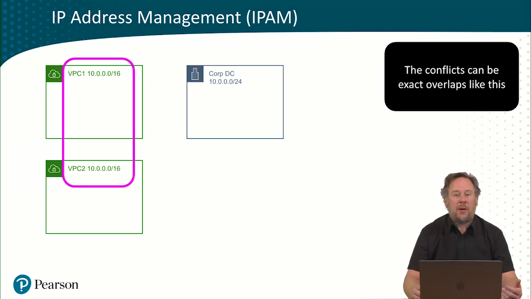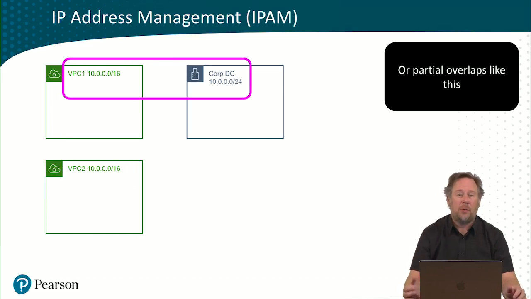In this particular diagram, IPAM would help you avoid the situation where you create two VPCs with identical network ranges. But it could also be used to help prevent partial overlaps where one network is a subset of another.